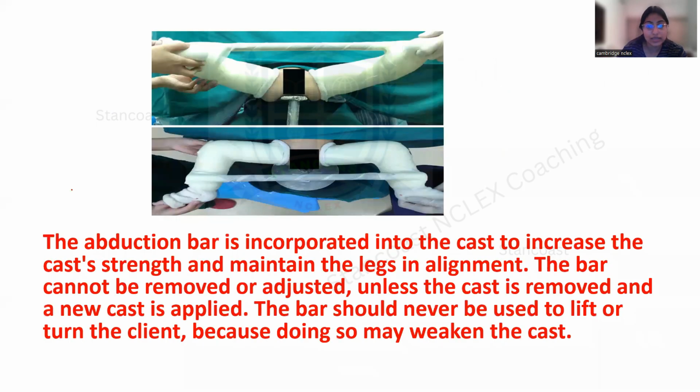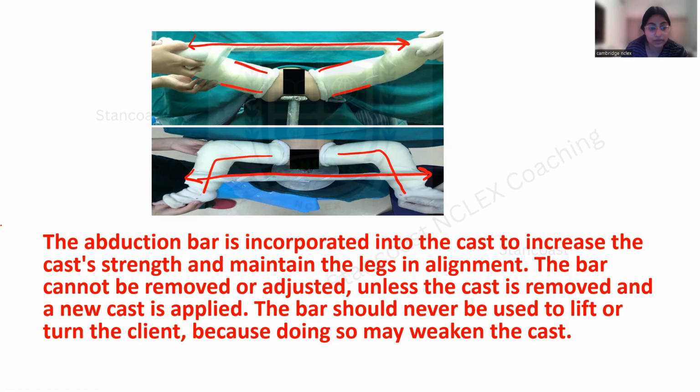This is the picture of a child having hip dislocation. Due to that, this is the Spica cast, and this is the abduction bar. What do we mean by abduction? Abduction is moving the extremities far from the center of the body. So this is the abducted position, and the abduction bar is incorporated into the cast to increase cast strength.